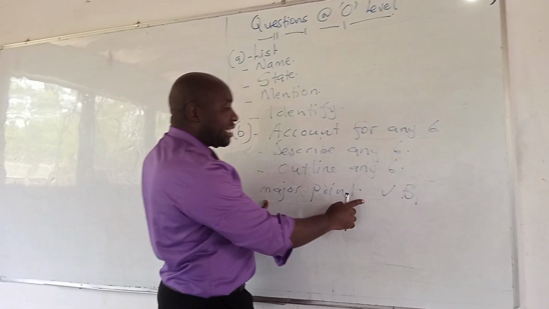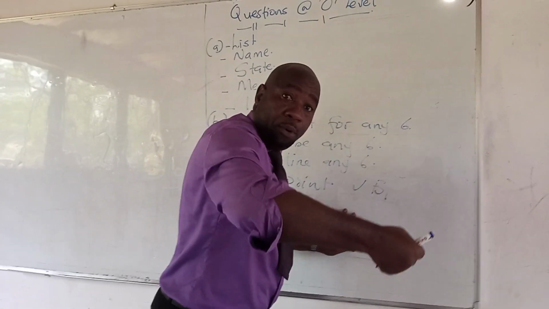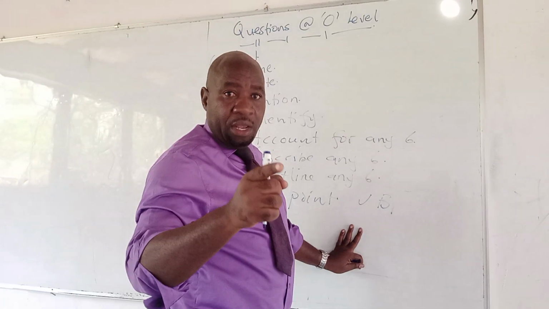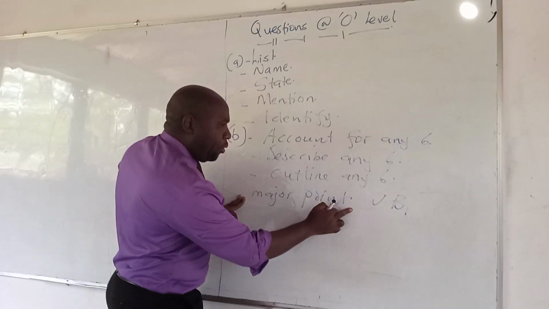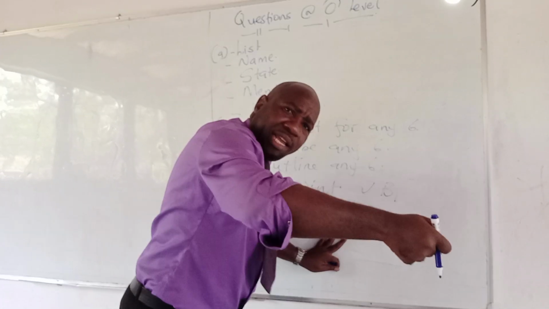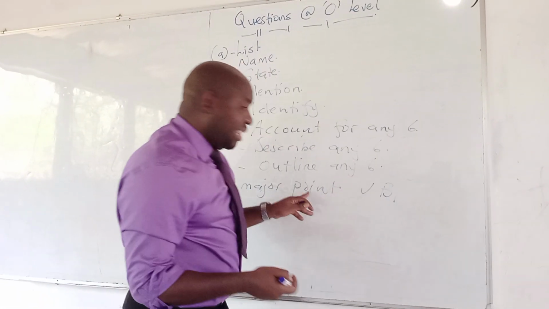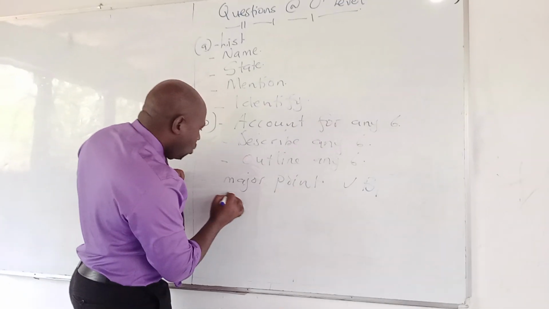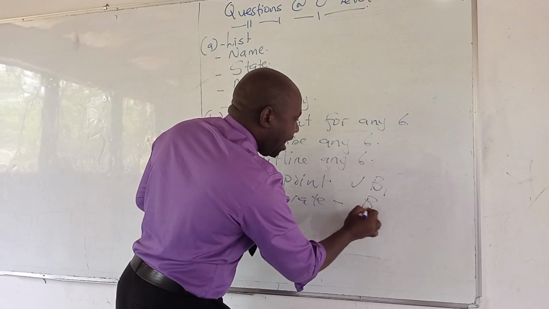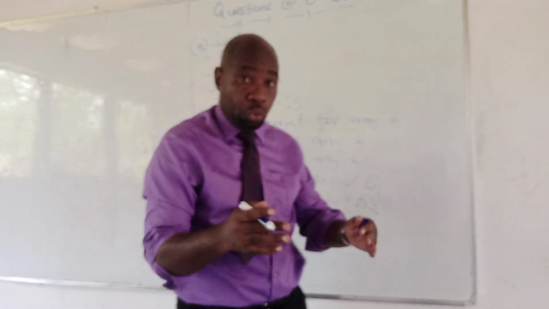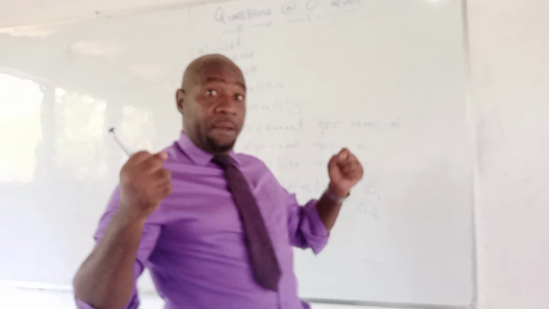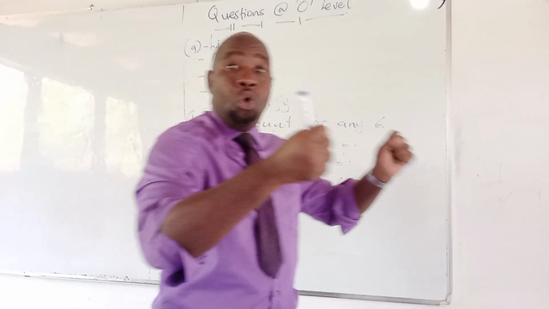Then that major point you are supposed to explain, or elaborate and exemplify. So that elaboration becomes your B2.